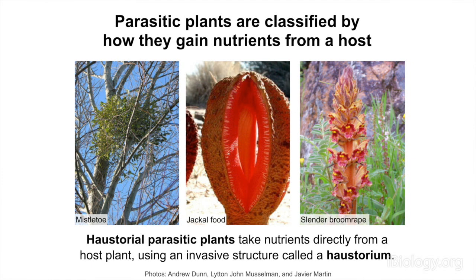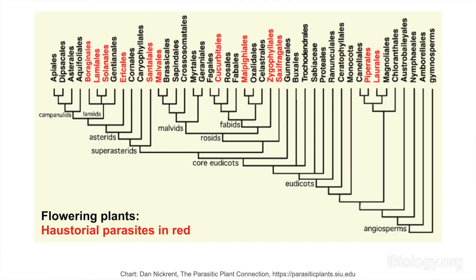And haustorial parasitic plants are quite diverse. They include the familiar mistletoe, the bizarre-looking plant in the middle, known as jackal food, and the parasitic weeds and their less destructive relatives, one of which is shown on the right.